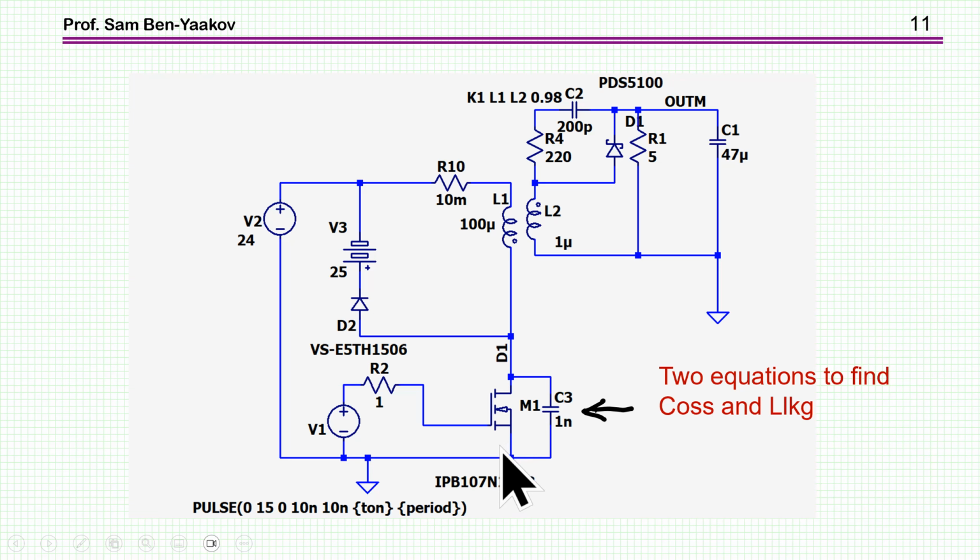And then I'm going to get, therefore, two equations. One, the original one without the parallel capacitor, one with the capacitor. Having two equations, I can solve for two unknowns, which are the output capacitance of the MOSFET and the leakage. Okay? So I can do this extraction from these two sets of data.